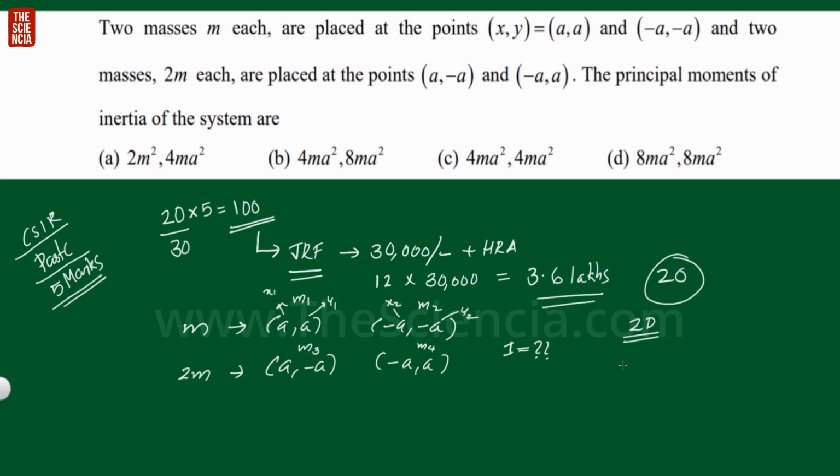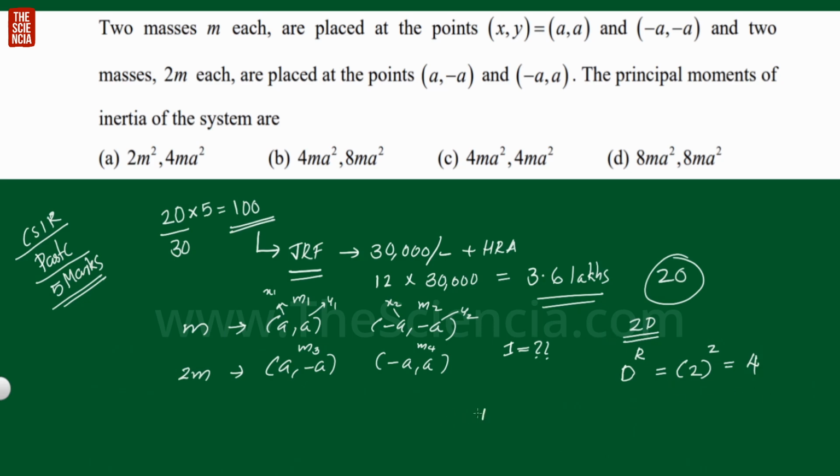I already told you, if the dimension of space is D and the rank of the tensor is R, then D to the power R is the number of components. Here D is 2, because we are discussing only x and y coordinates, and the rank of the moment of inertia tensor is 2. So the number of components will be 4.